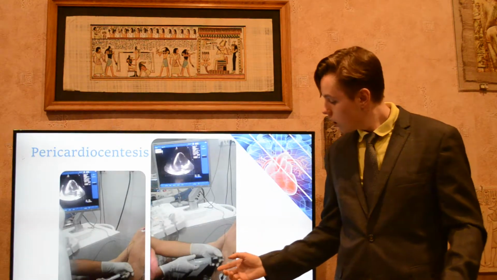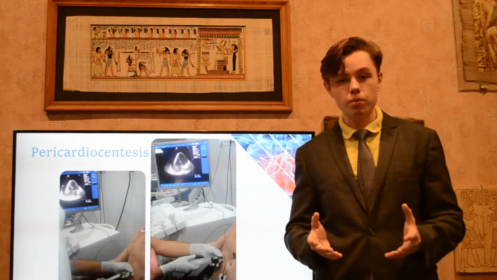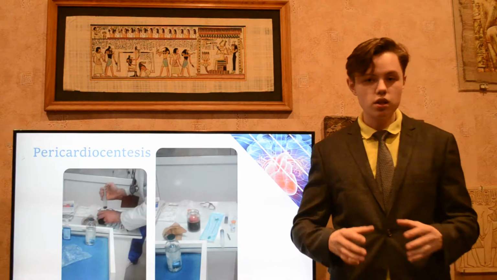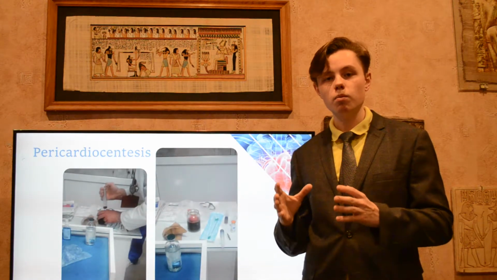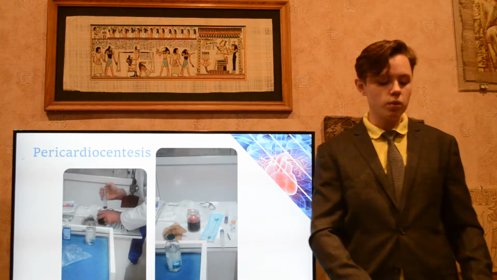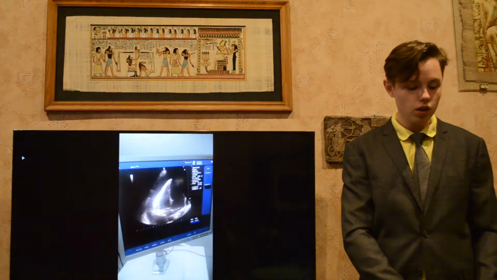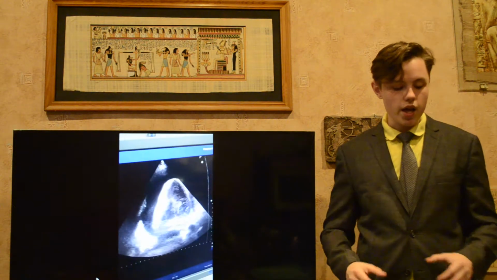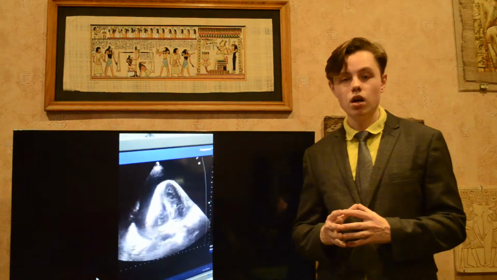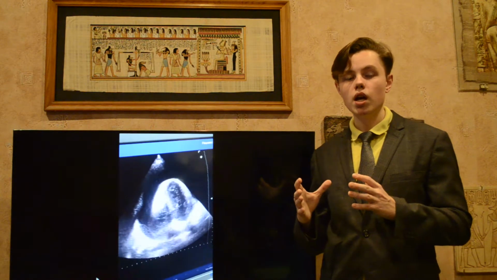So it was a hemorrhagic fluid inside of the pericardial cavity, and 850 milliliters of hemorrhagic fluid was effused. Here on this slide, you can see a specific sign of pericardial effusion which develops over a long period of time, when it is chronic.